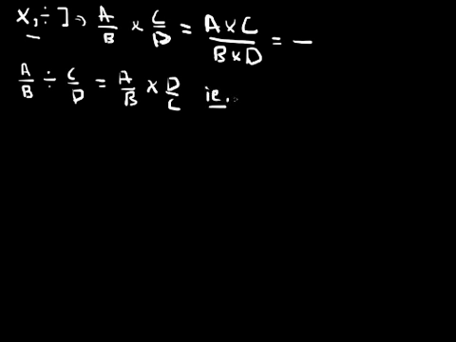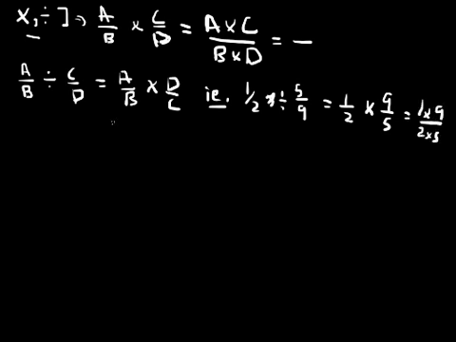So for example, if you had 1 over 2 divided by 5 over 9, that's the same as 1 over 2, now you flip times, and then you flip the second number. So that becomes 1 times 9 over 2 times 5, which is essentially 9 over 10. So that's the rule for division. Just remember to multiply and then inverse the second.